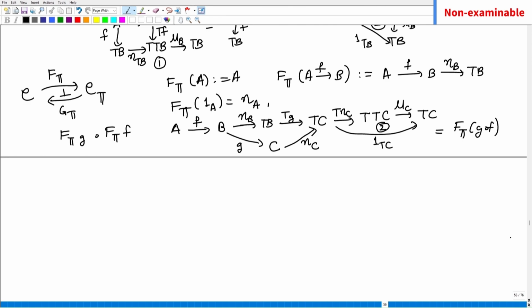However, now the right adjoint that we want to find is not easy to find. If you look at this construction, where will you send an object to?